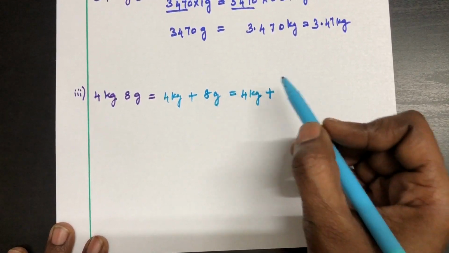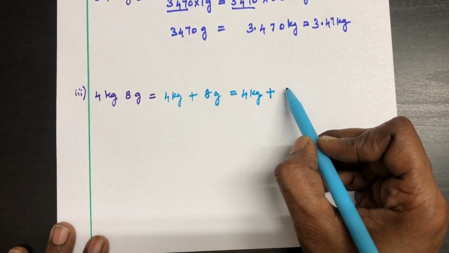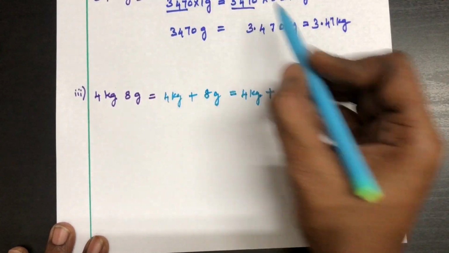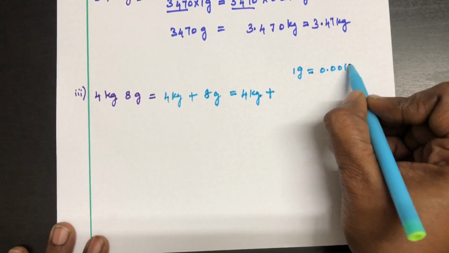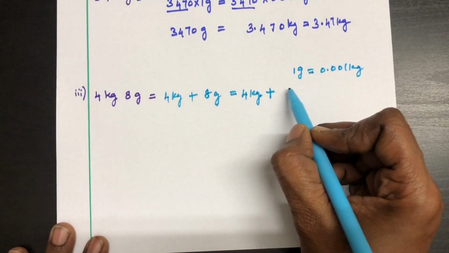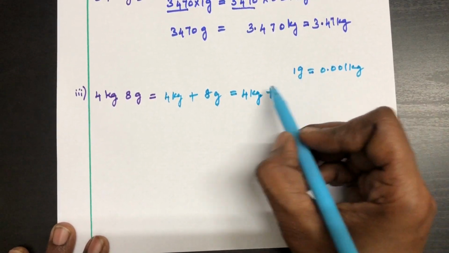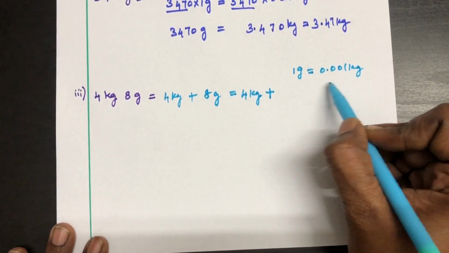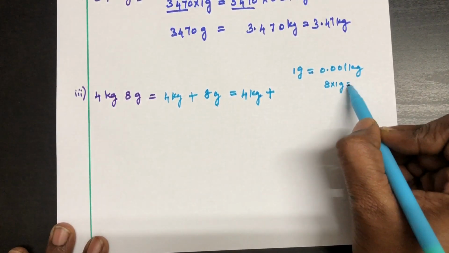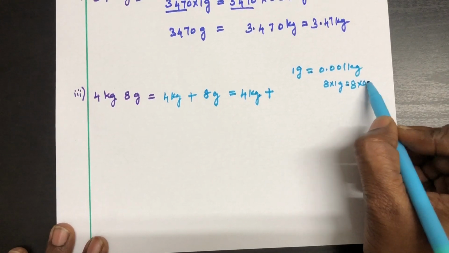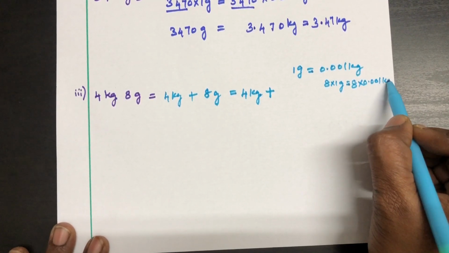Just 8 grams. How to do this? 1 gram equal to 0.001 kg. So just multiply this with 8, both the sides. So 8 into 1 gram is equal to 8 into 0.001 kg.